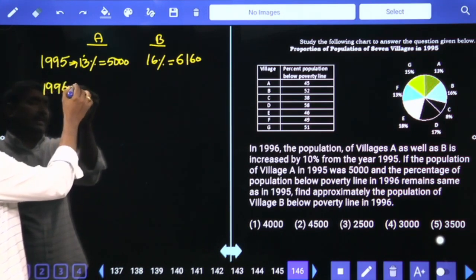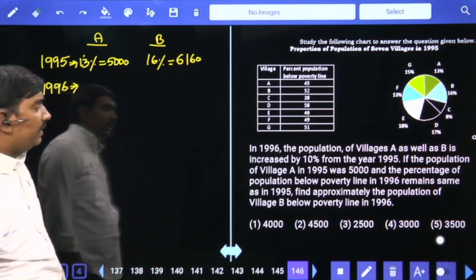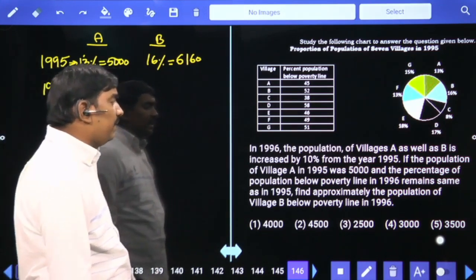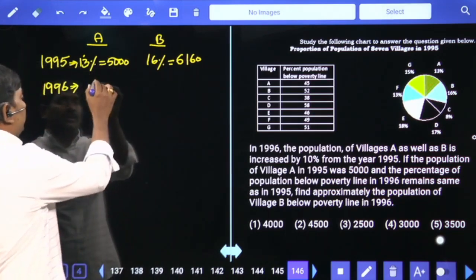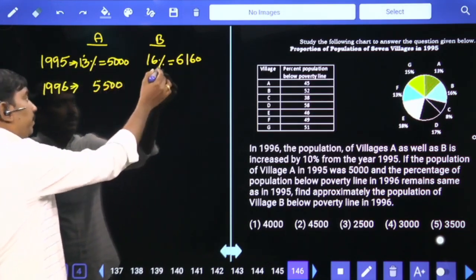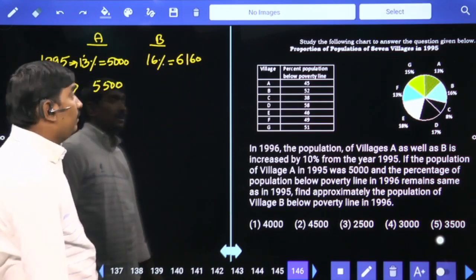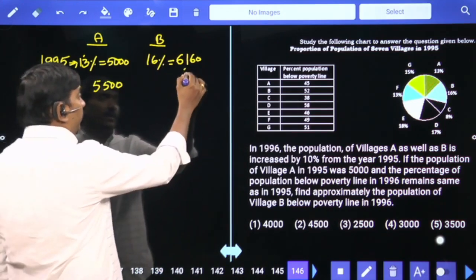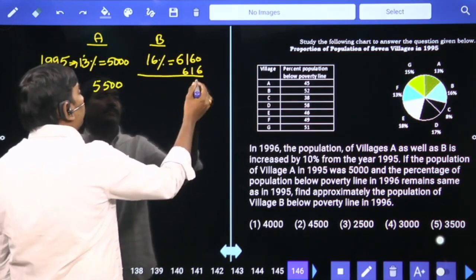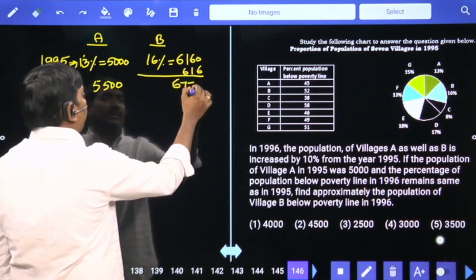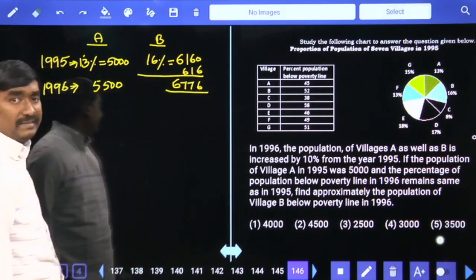Whereas in 1996, A increased by 10%, it became 5,500. B also increased by 10%. 6,160 increased by 10% means 616. It became 6,776 in 1996.